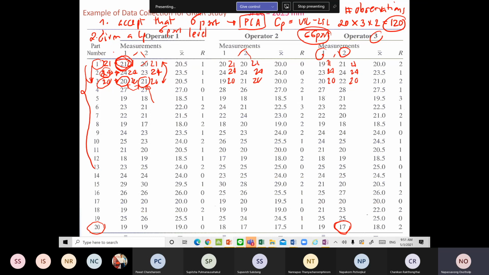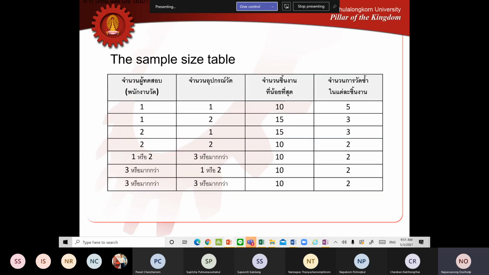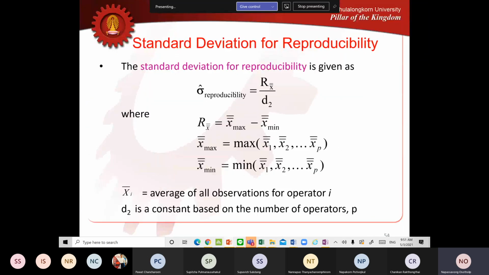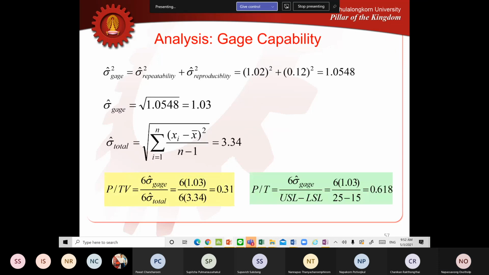And then if we take these observations and calculate what we call sigma total, in this case n is 120. If we use the simple standard deviation formula to calculate the variation among all 120 observations, we can use this formula to calculate. And then we get a sigma total of, for example, 3.34.